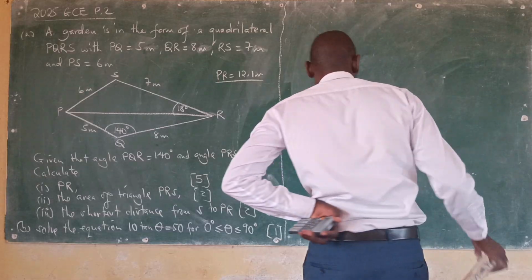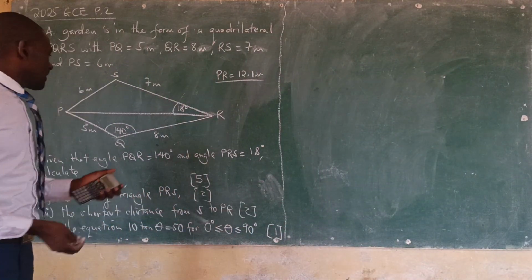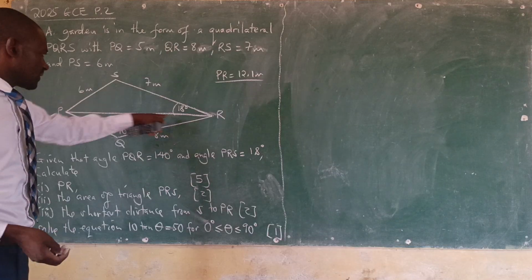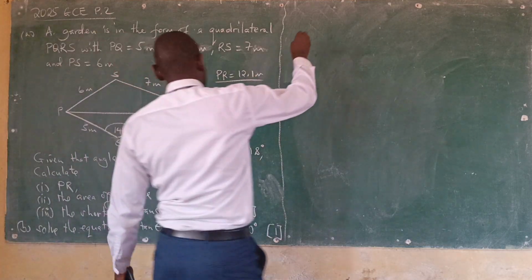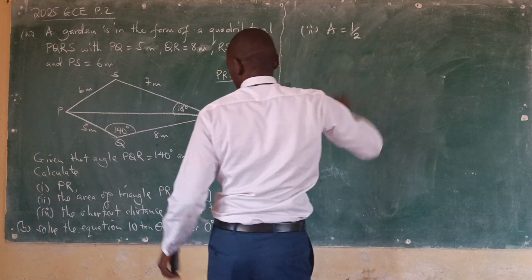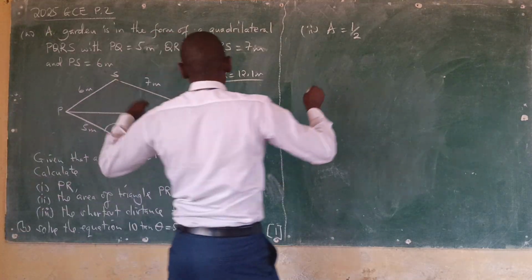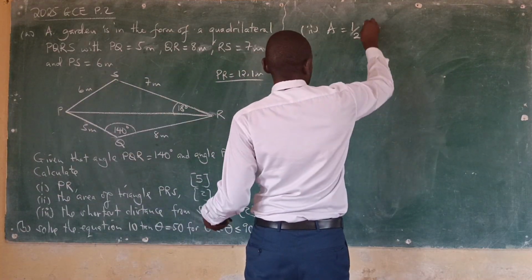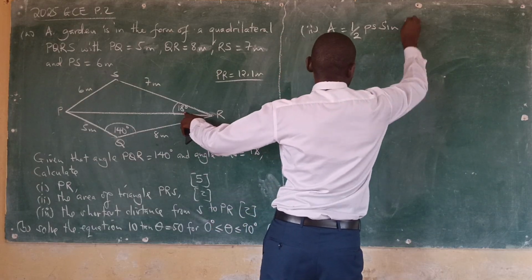Okay, so area is basically, now that we have this side, we can still use this side and that side, where we just say area is equal to half, then the side that we use, PR, we can denote it by a small letter s, and then the other one is P, so PS sine, then we can use this angle.